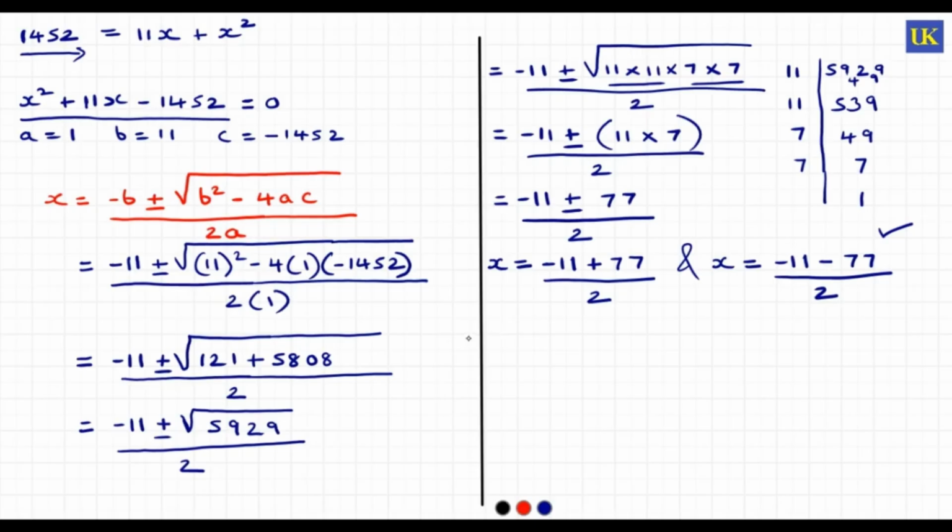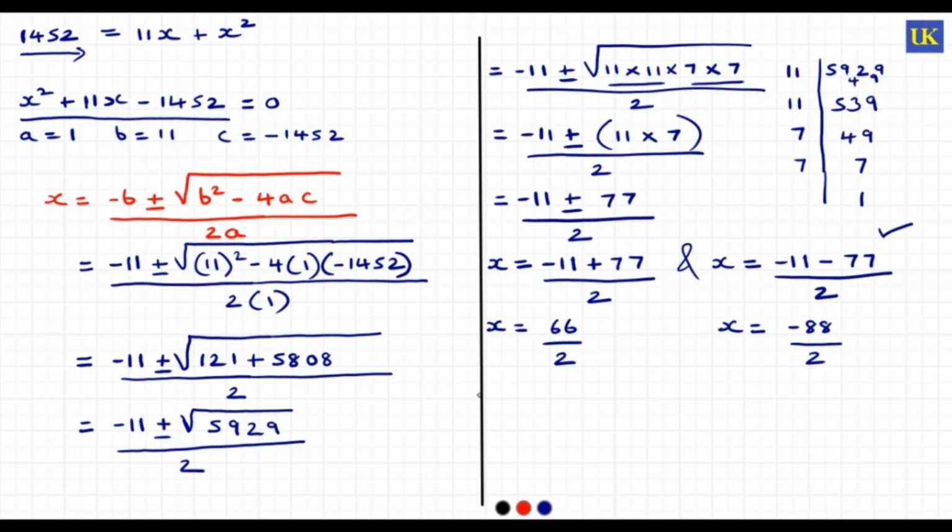All right, so x is equal to minus 11 plus 77 is plus 66 upon 2, and here this will become minus 88. Minus minus will become plus and the sign is minus only, of course.